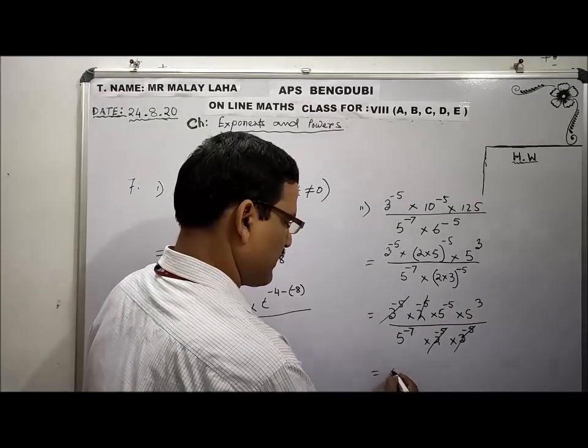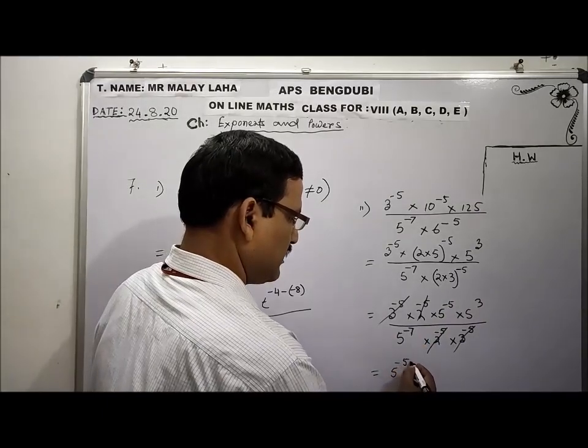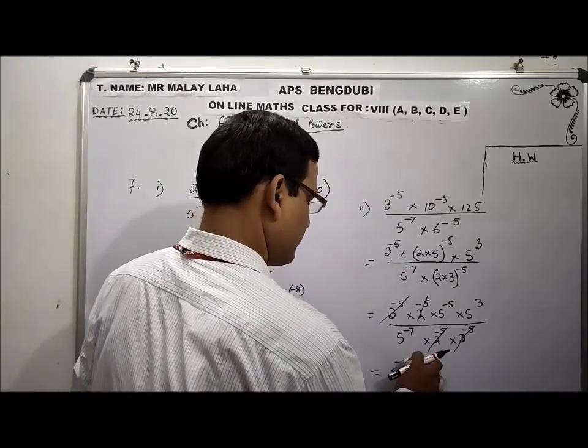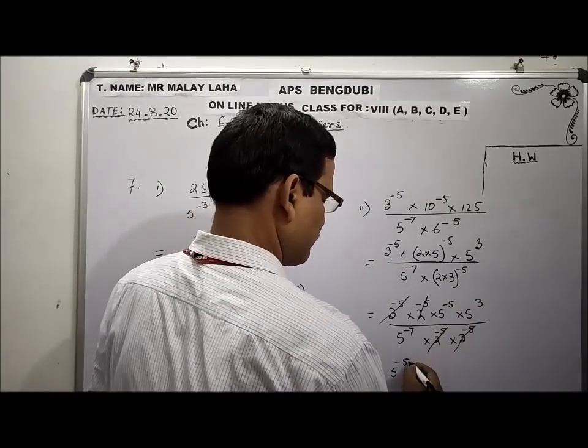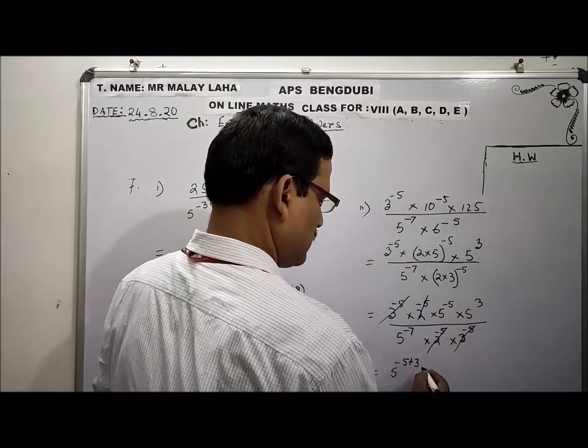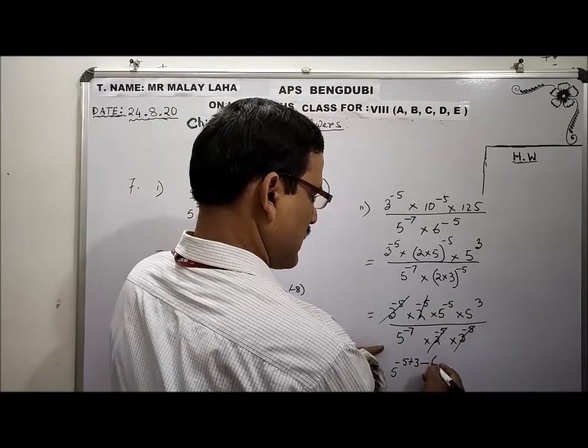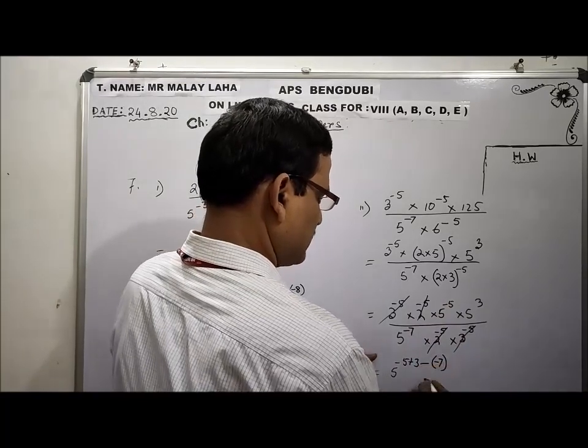So I can write down 5 raised to minus 5 into power will be positive here, plus 3, and this minus division form, so it will be minus and integer minus 7.